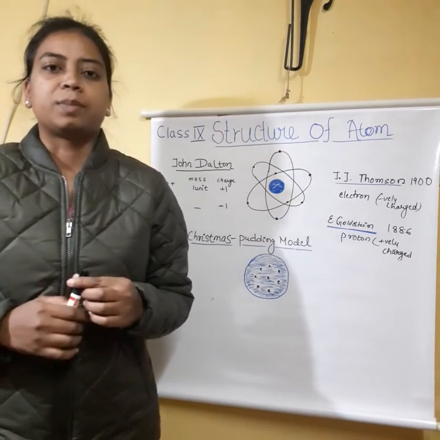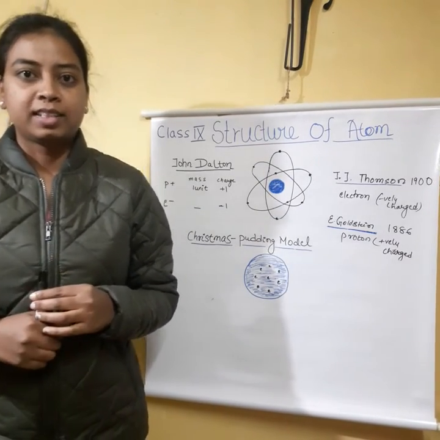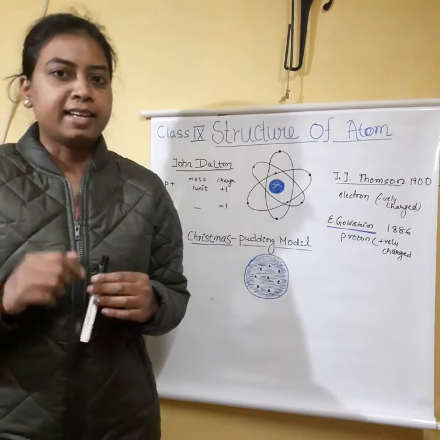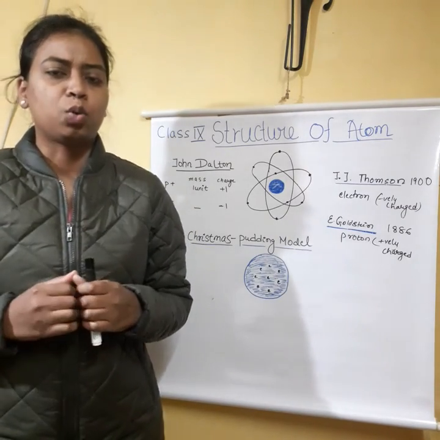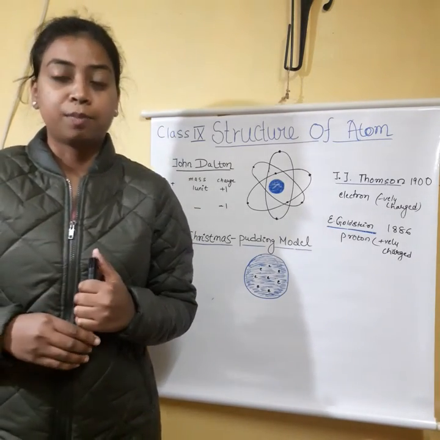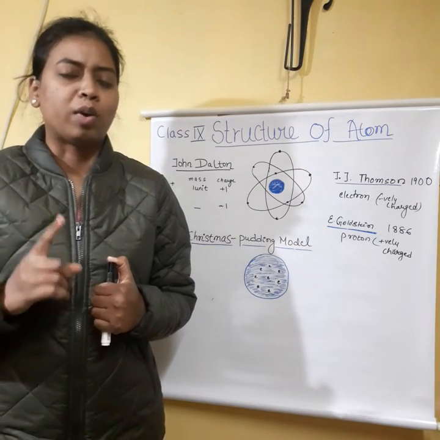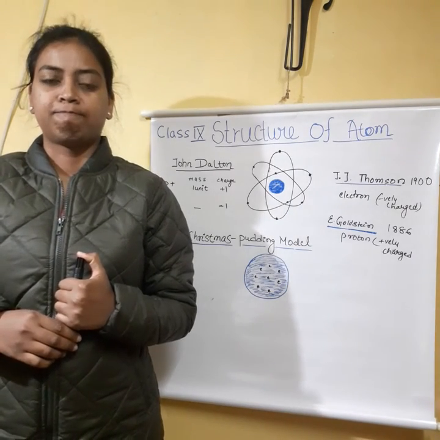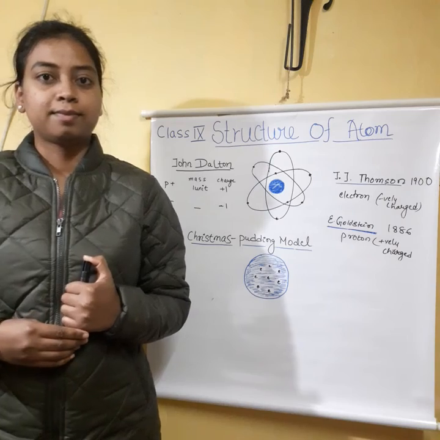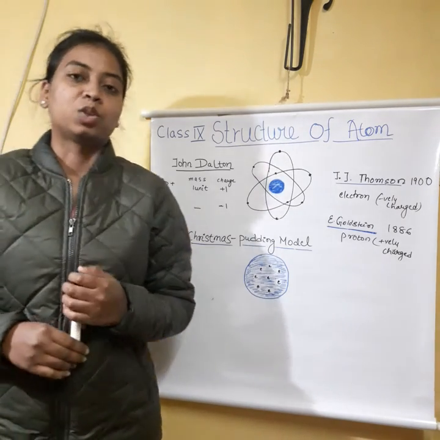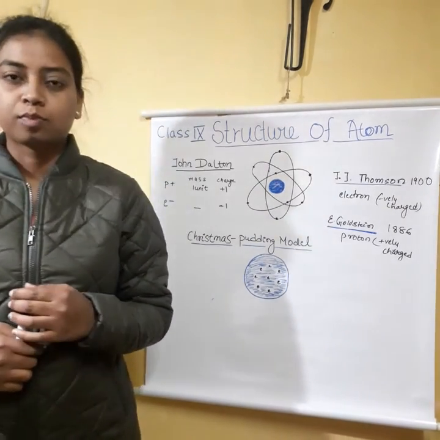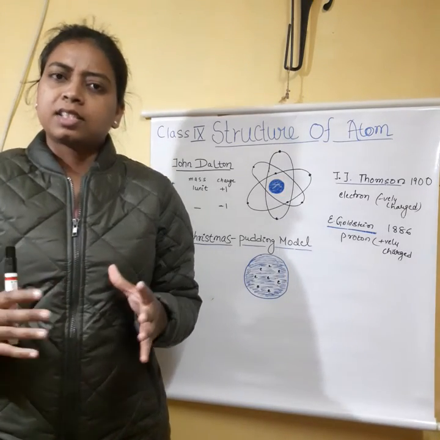Let's recall an experiment. When we comb our dry hair, after that the comb attracts a piece of paper. Why does this happen? Can you answer? Right. The comb gets charged. Where does this charge come from?